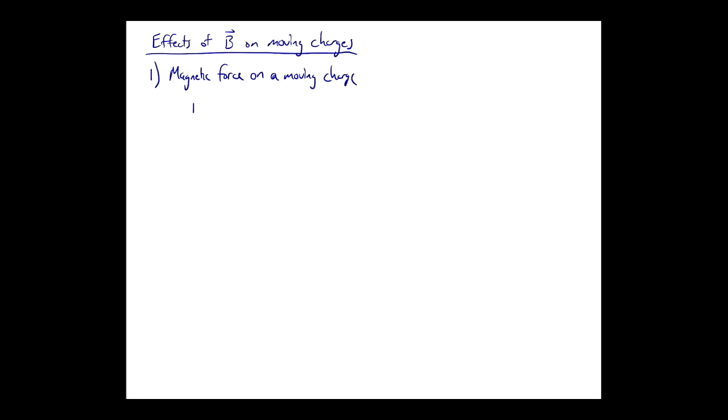You might remember that the equation for this situation is F = qv × B. It's the charge q, and then the cross product of its velocity vector with the magnetic field vector. Clearly, if the velocity goes to zero, there's no force. We could rewrite this in terms of magnitude: F = qvB sin θ, where θ is the angle between the velocity vector and the magnetic field vector.